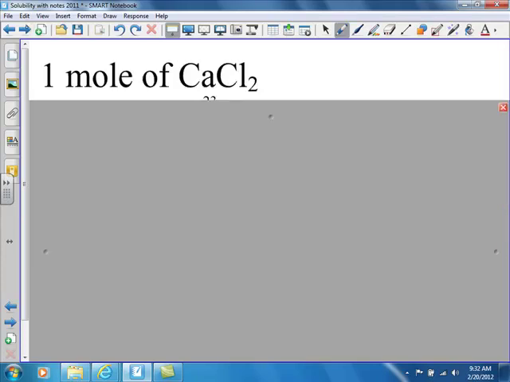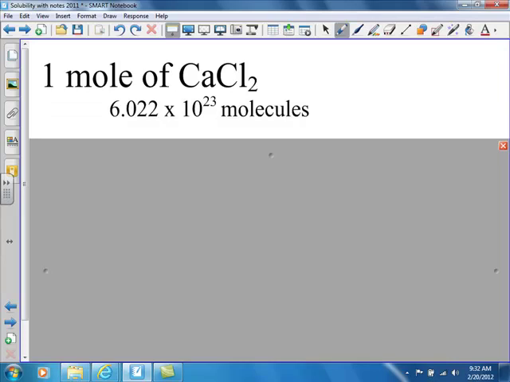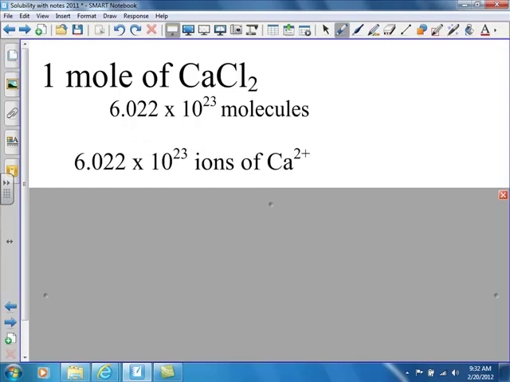Well, what if I have 1 mole of calcium chloride? Okay, if I have 1 mole, that means I have 6.022 times 10 to the 23rd molecules. And remember, we're just going to use the general word molecules, even though this is really a formula unit. Okay, and so because of the way it breaks up, I would have 1 mole of calcium ions, 6.022 times 10 to the 23rd.